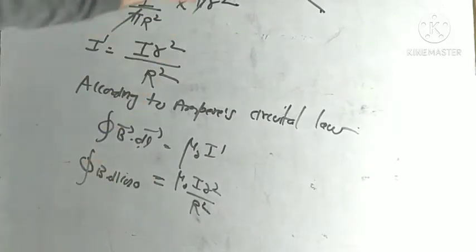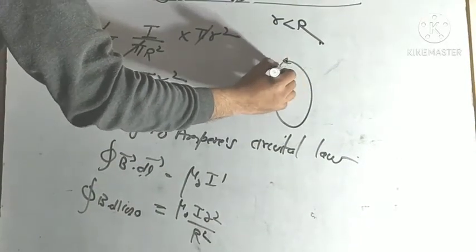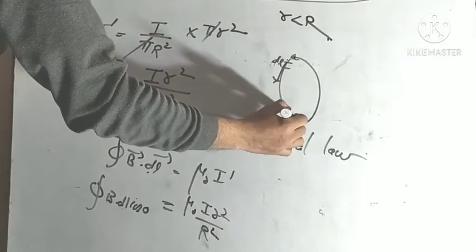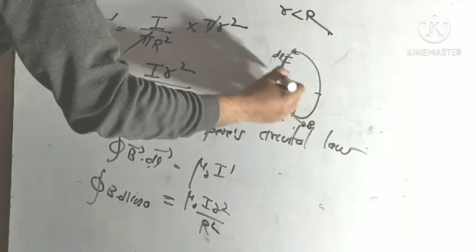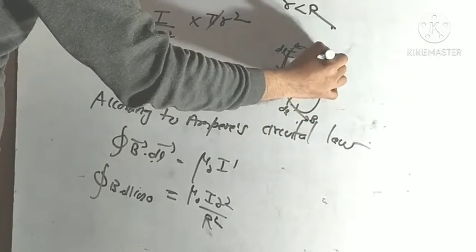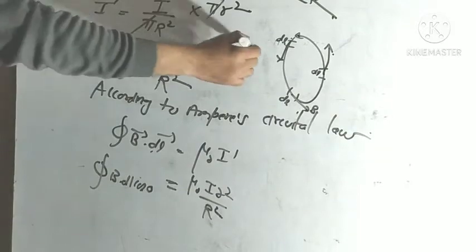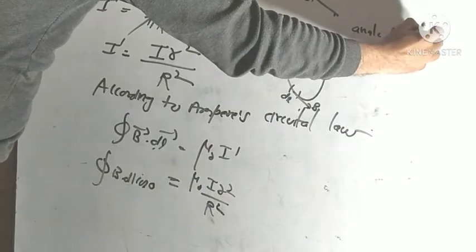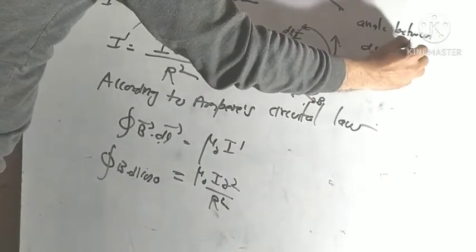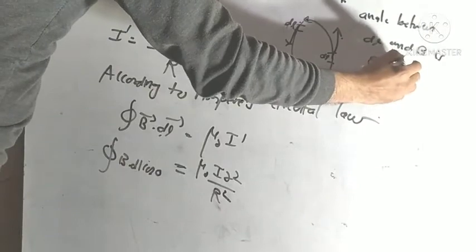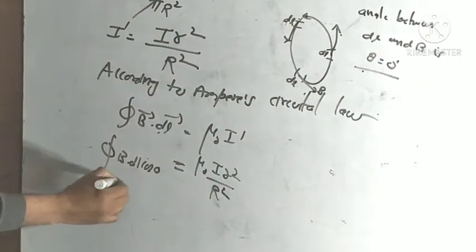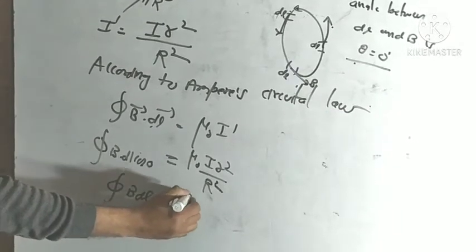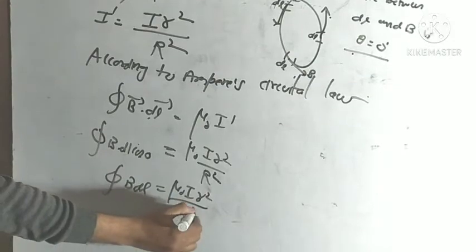The direction of the magnetic field is along the tangent; we take a very small element dl in this direction. So the angle theta between dl and the magnetic field is 0 degree. So B dl is equal to mu naught I r square upon capital R square.